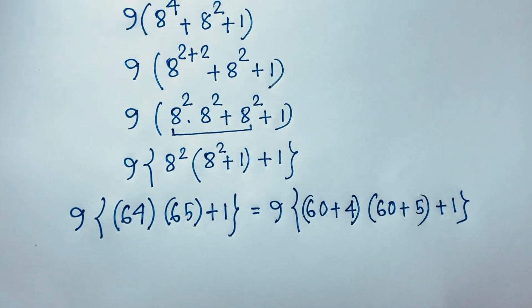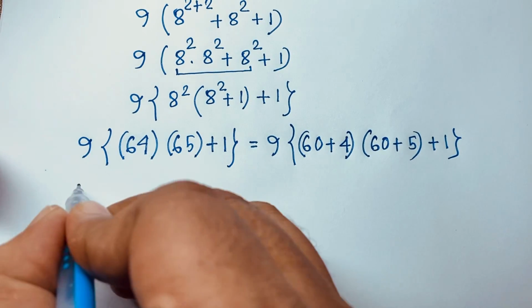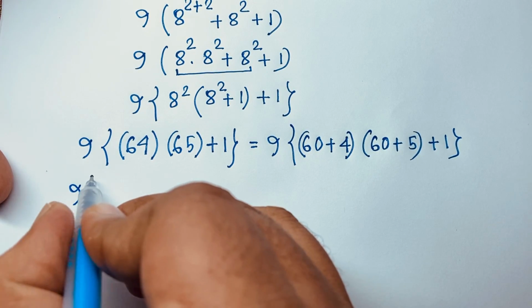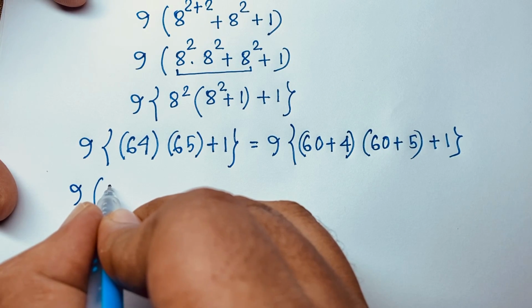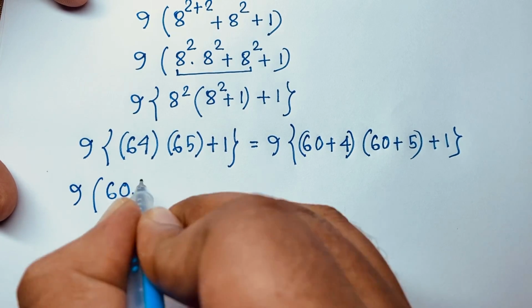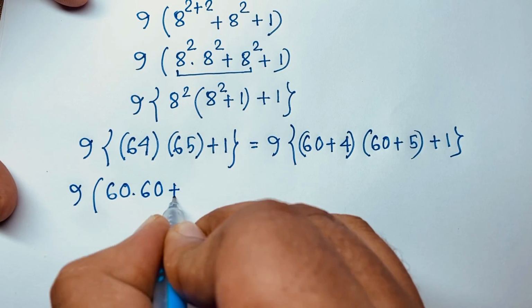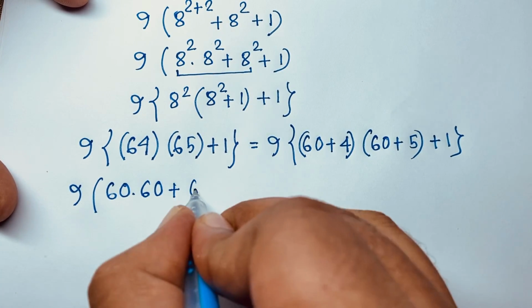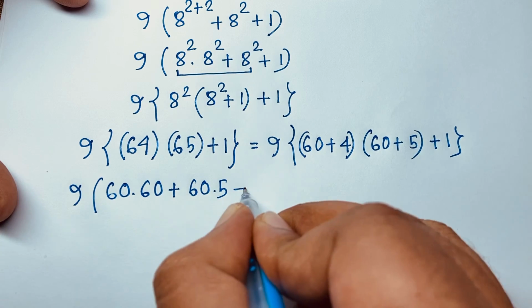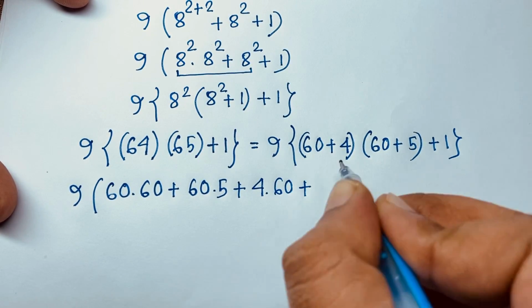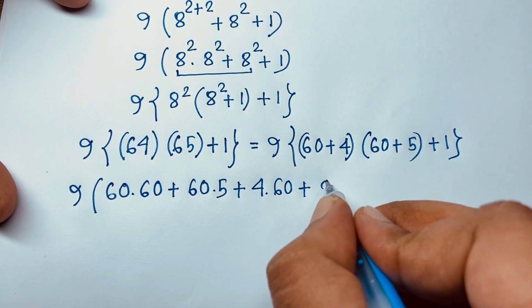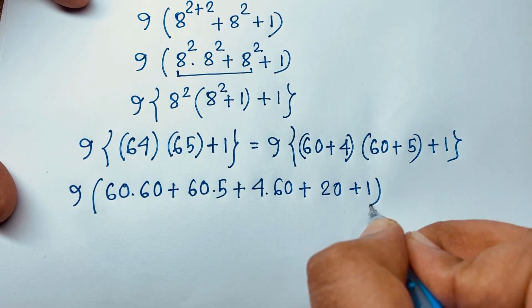Then at this moment you can see 9 times this: 60 times 60 plus 60 times 5, plus 4 times 60, plus 4 times 5, which is 20, plus 1.